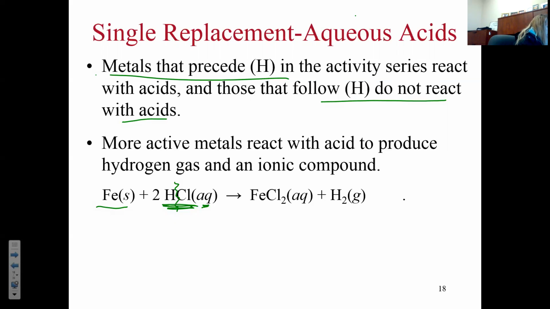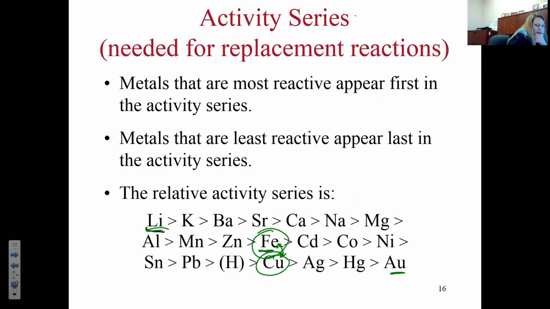With Fe, if we want to see if it can switch out spots, we have to look at that activity series. I'm going to switch back to the activity series, and we see that Fe is clearly before hydrogen, so we know that it can take the spot of that.